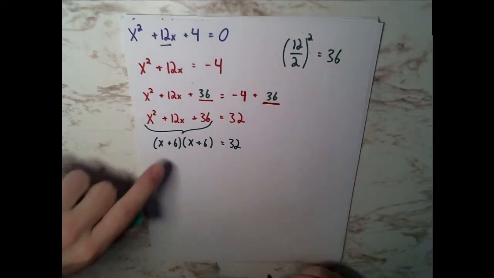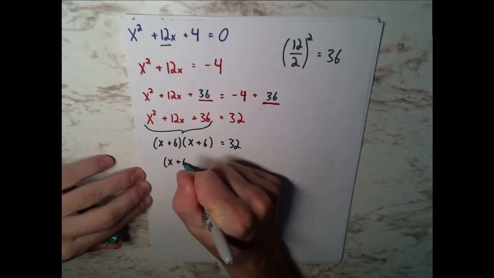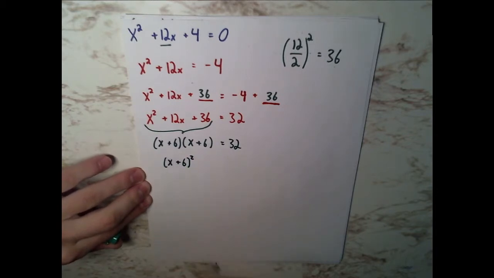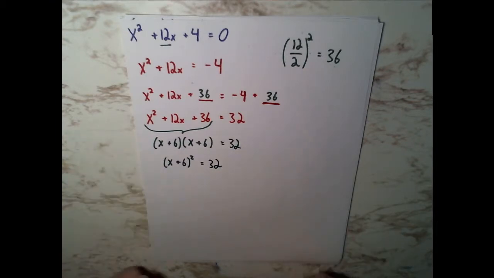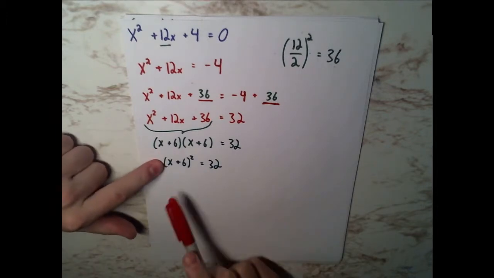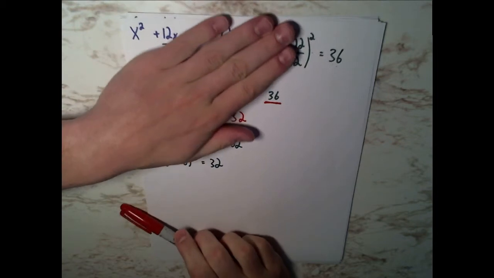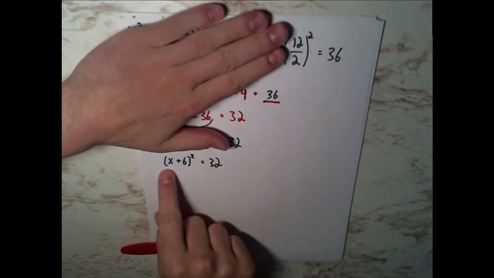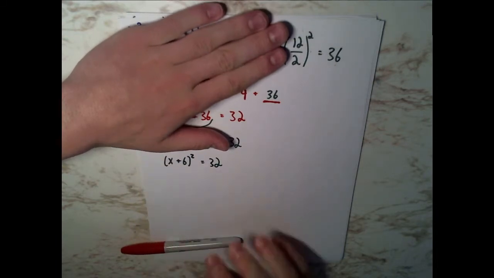Now I'm going to rewrite this as x plus 6 squared. Since we have two of these, I can just rewrite it as x plus 6 squared, and that's equal to 32. And now we're getting down to the end. Looking at just this equation here, you can see that you can now solve for x by taking the square root of both sides.